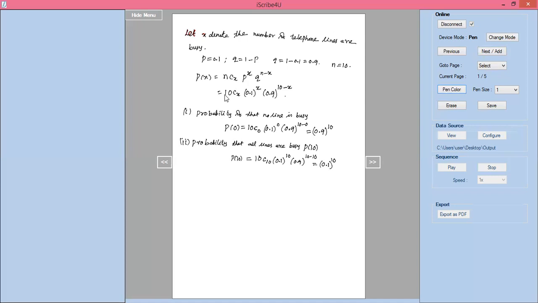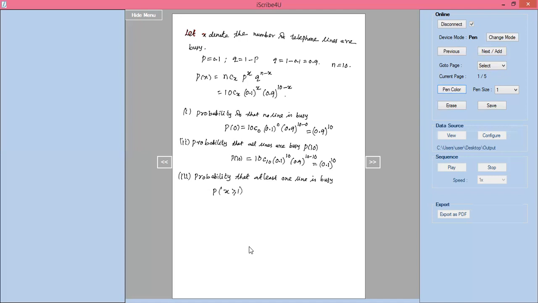Next, the third one is the probability that at least one line is busy. At least one line is busy means x is greater than or equal to 1.